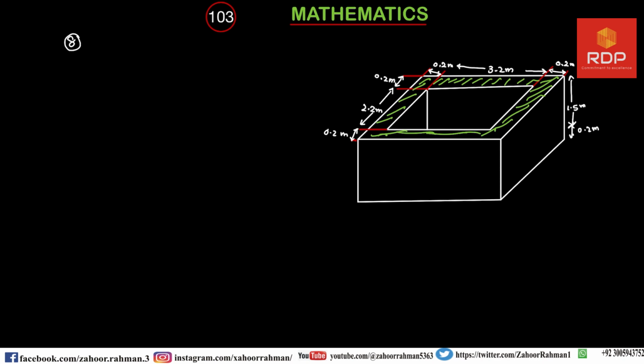The plan is that we first find the external volume of the rectangular box, and then the internal volume of the rectangular box, and we subtract the internal volume from the external volume, and as a result we will get the amount of wood used.